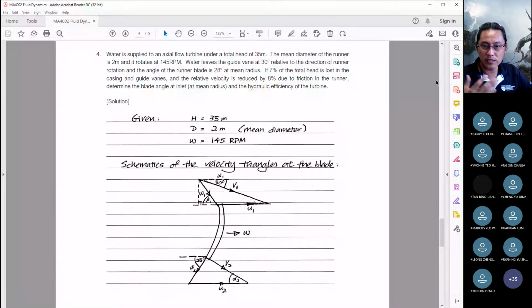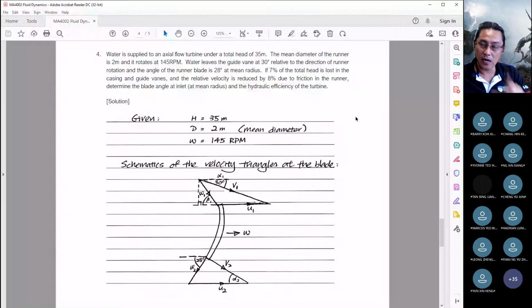Why do we call turbine blades runner blades? Because when water hits it, it runs around. I know it sounds silly, but these are traditional terms, nomenclatures that we picked up over the years. So you can read this statement as: the mean diameter of the turbine blades is 2 meters and the turbine blade rotates at 145 RPM.